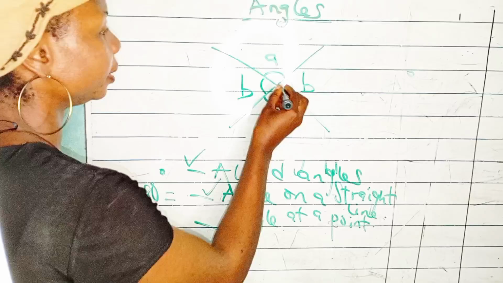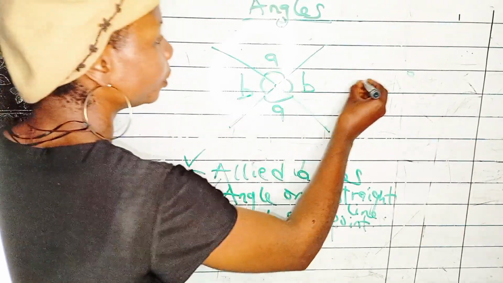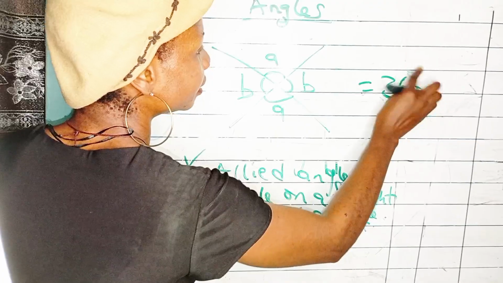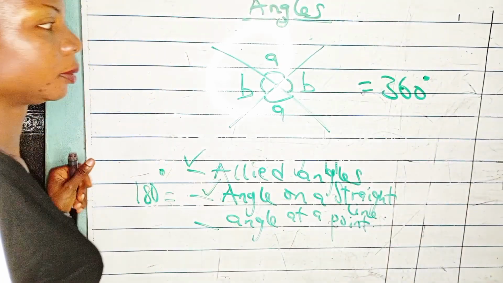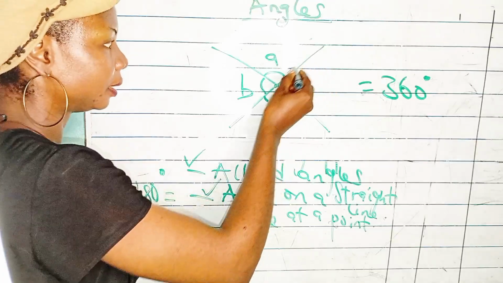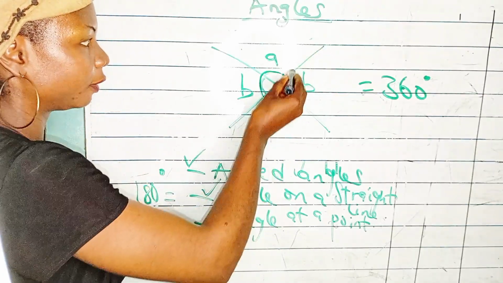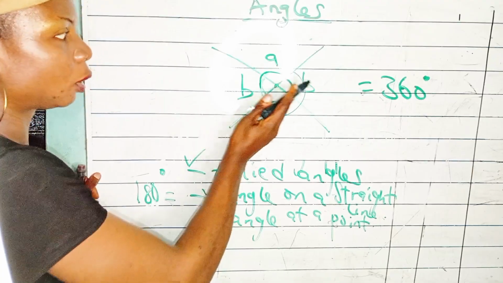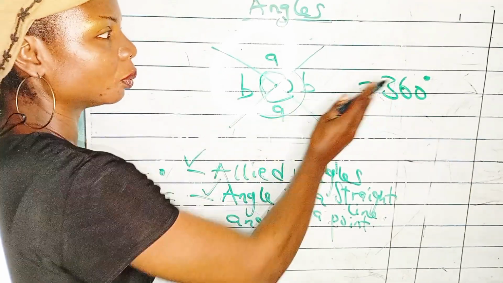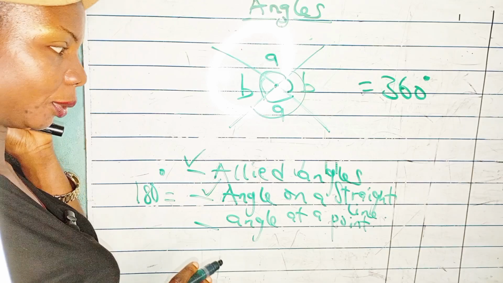The totality of all these angles will give me 360 degrees, because angle at a point adds up to 360 degrees. This is a straight line, from here to here will give me 180. This is another straight line, from here to here gives 180. 180 plus 180 gives 360 degrees. And that is angle at a point.